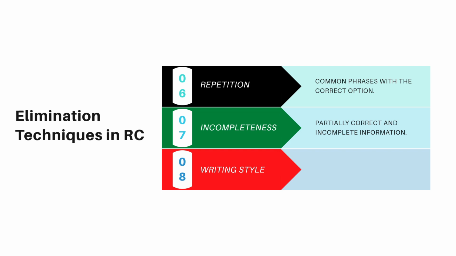And the last one is the writing style. These kinds of options are the hardest to eliminate among these 8 options, because they will have a lot in common with the actual answer, but will not be framed in the same style as the passage.